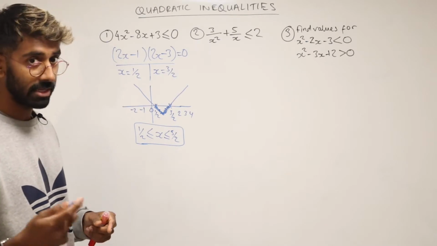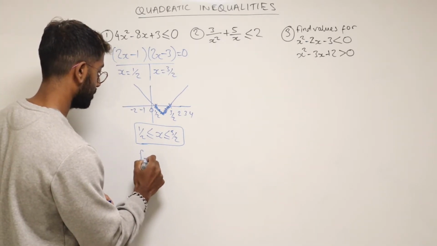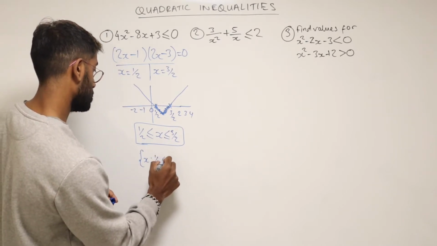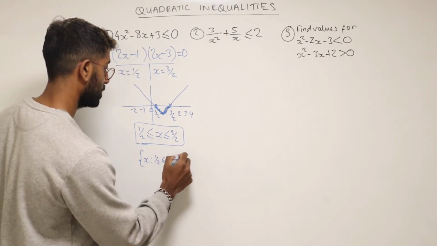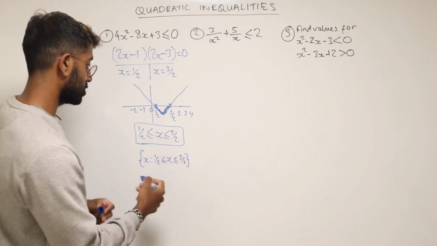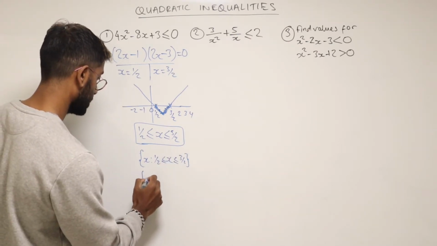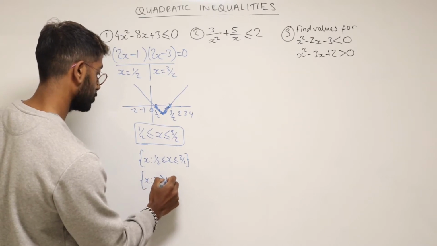If you wanted to give it using some set notation, then you could say that x is greater than or equal to a half, or less than or equal to 3/2. So that's just as one big set. Or we could split them up and we can give it like this. So we can say that here x needs to be, first of all, greater than or equal to a half.